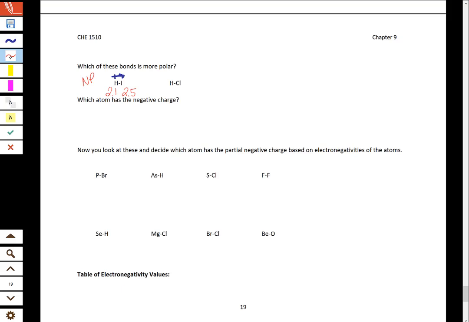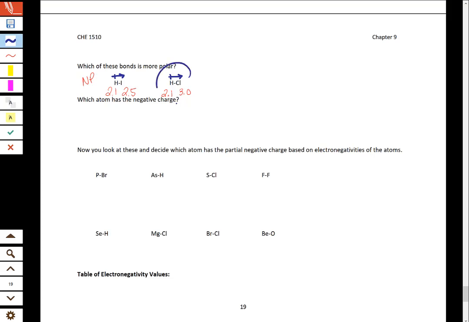Whereas if we look at HCl, hydrogen is still a 2.1 electronegativity value, chlorine 3.0. So we would call this a polar bond, and we would also draw the arrow that illustrates the electronegativity difference and thus the polarity. There are two notations here.